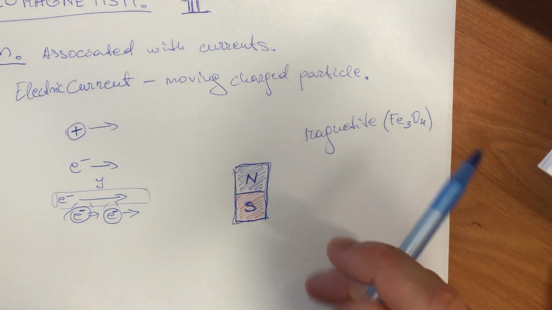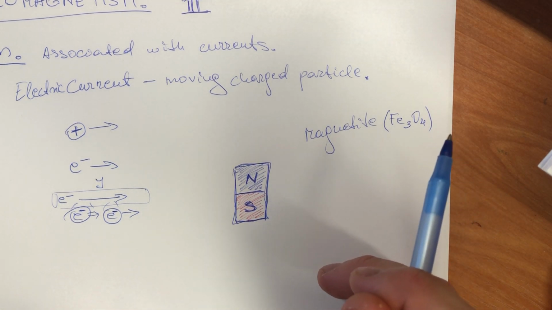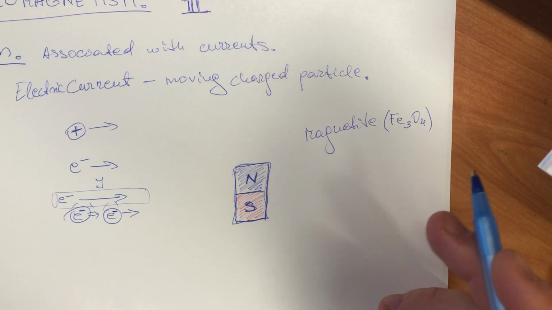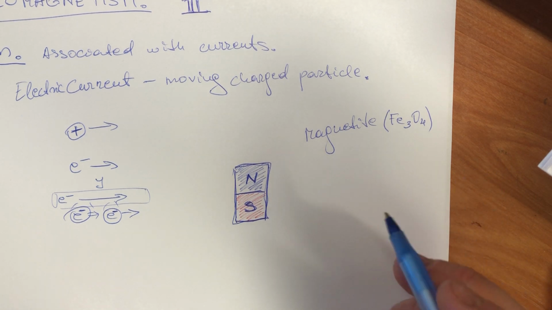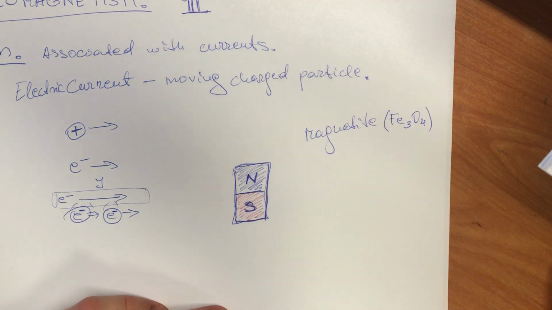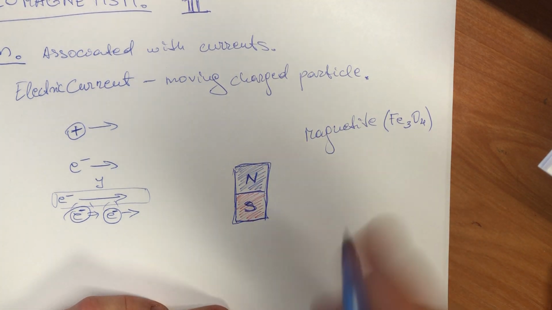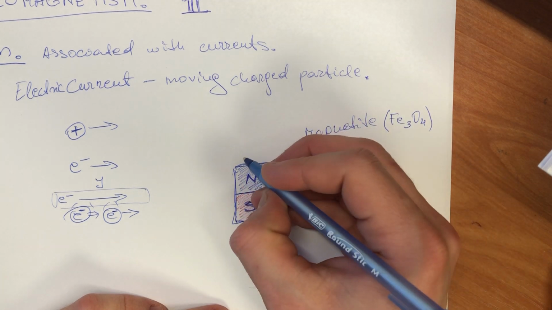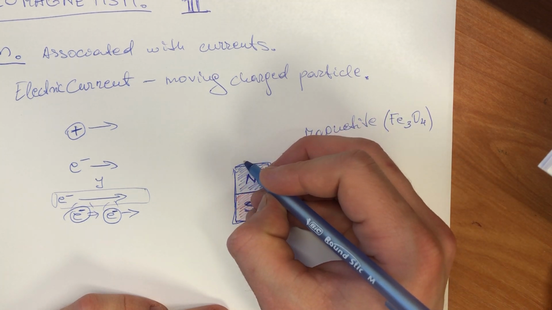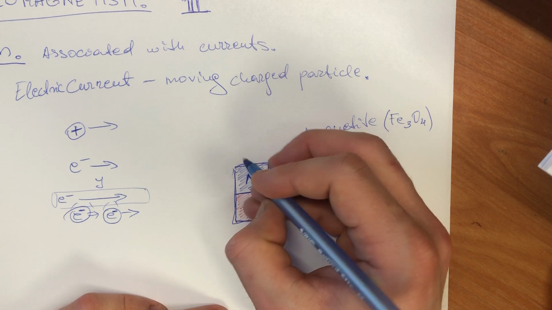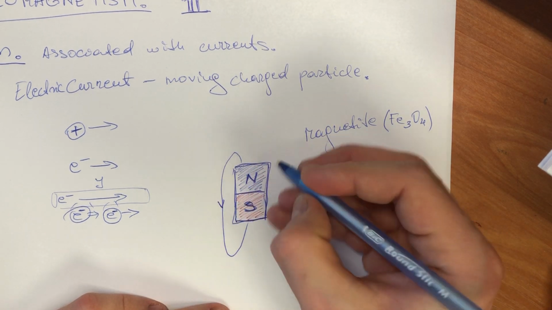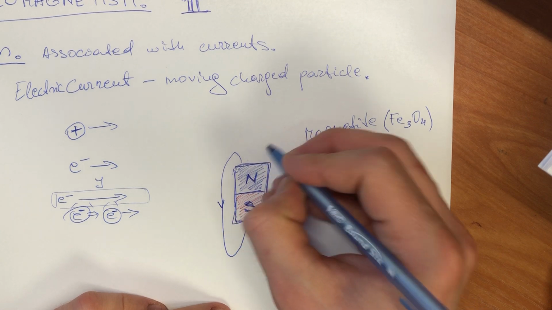And we can show the magnetic lines of the magnetic field, so they go from north pole to the south pole.